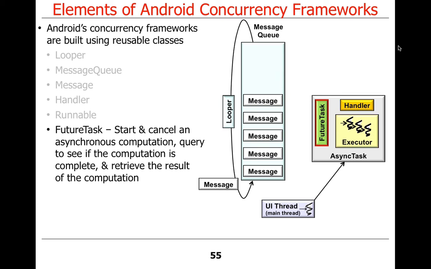So future tasks are often used for executing something, and then when that execution is done, getting the result put back someplace else for subsequent processing. And that's exactly what they're going to be used for in the AsyncTask framework.